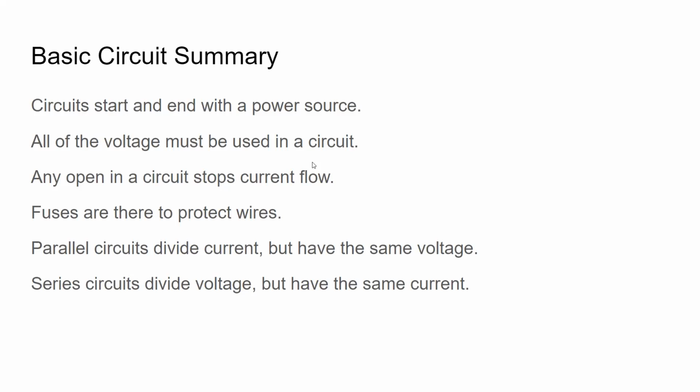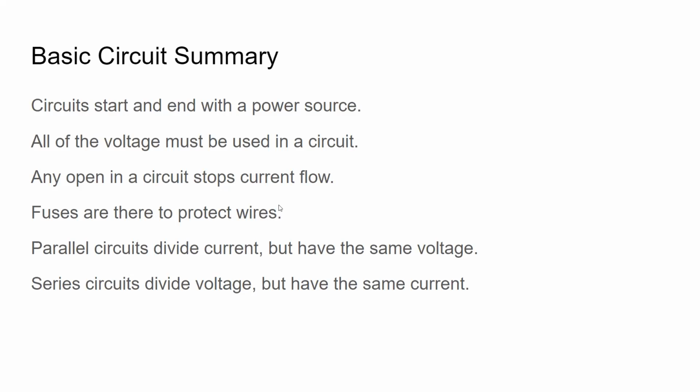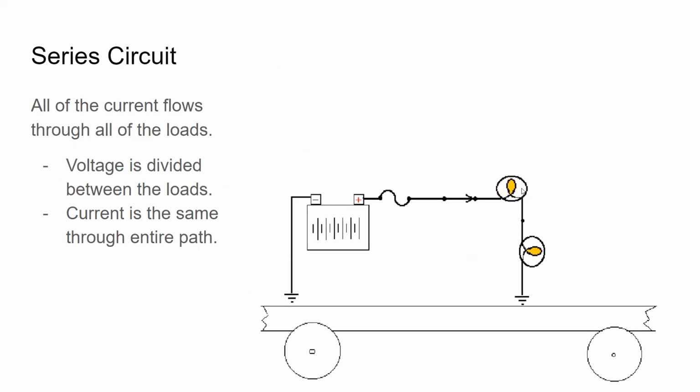So that's the basics of circuits right there. All the circuits start and end with a power source, our battery or alternator, but we'll keep it simple for right now. All the voltage must be used in the circuit, so used up by the loads.